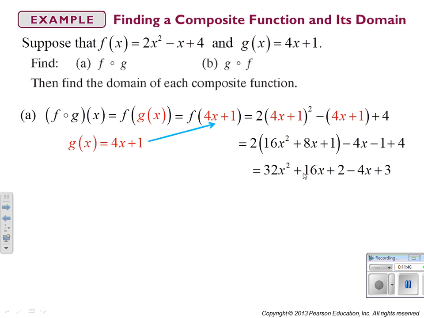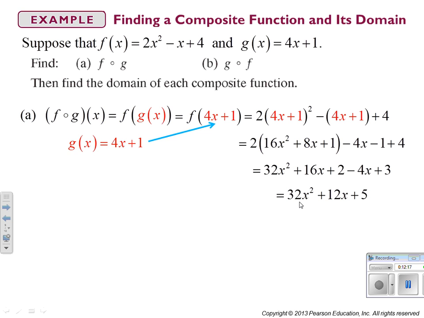Actually, the 2 distributes out. Thank you very much. So we distribute the 2, and then we combine like terms. In this case, it's 16x minus 4x and 2 plus 3 gives us 32x squared plus 12x plus 5 as our composite function.